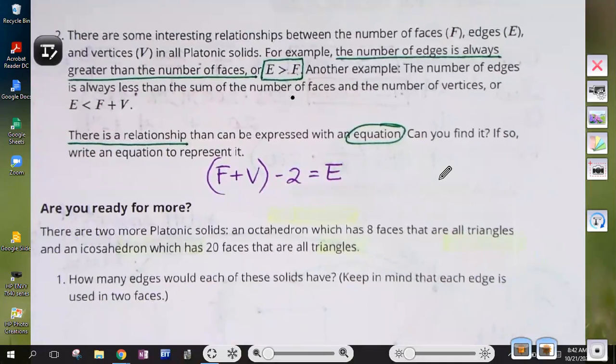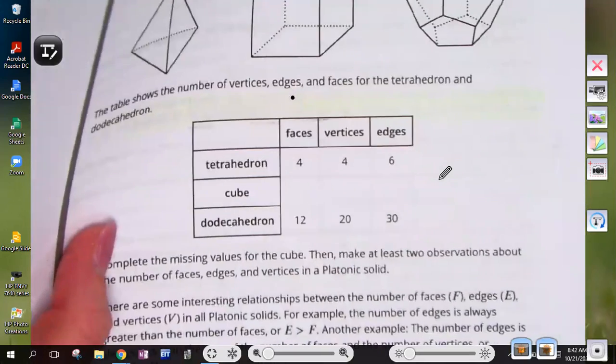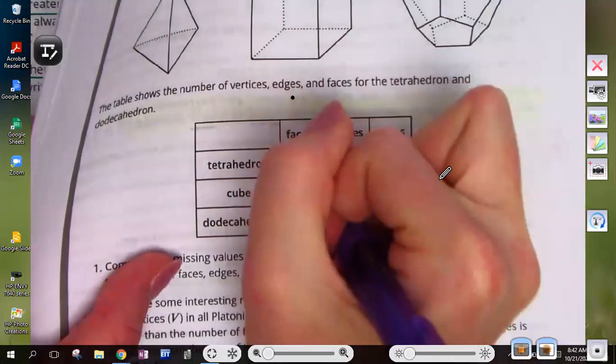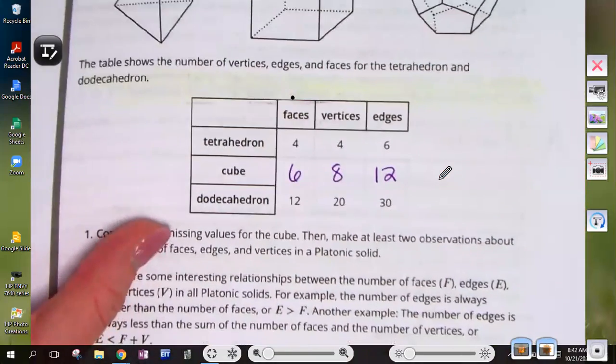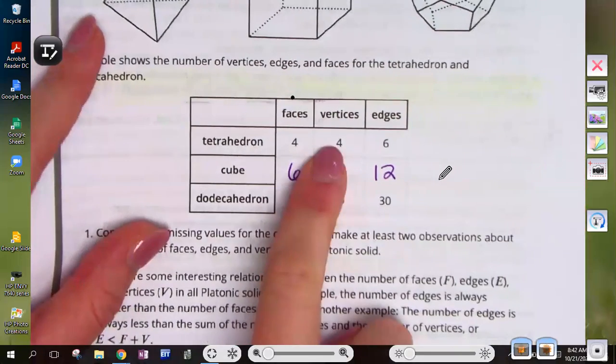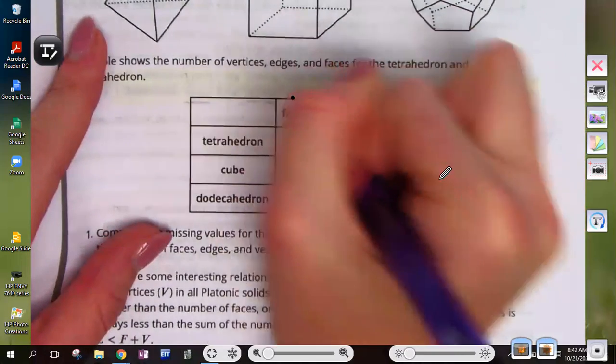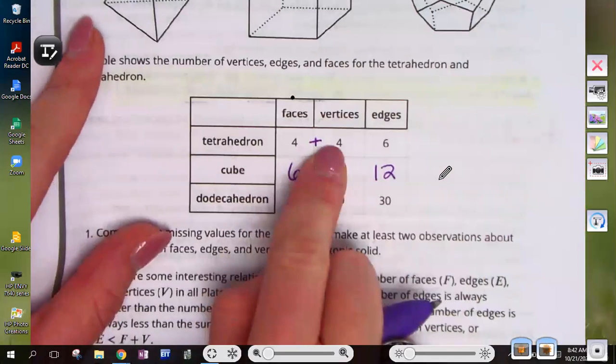Okay, so Hayden saw the relationship in the table and said, okay, let me go here. Let me fill it in for us. We said, what was it, 6, 8, 12? Okay, so Hayden said, if I take the faces and the vertices and I add them together, what do we get? 8.